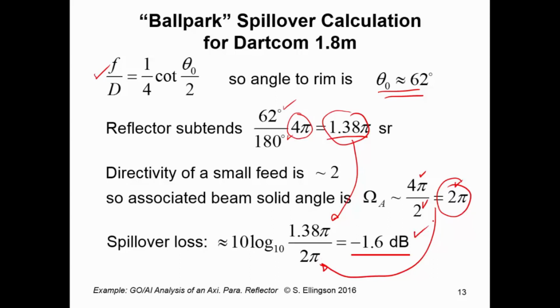In other words, we assume that we're losing 1.6 dB of the power from an isotropic feed by virtue of the fact that the dish does not capture all of the power. There is some spillover. Now 1.6 is somewhat promising because that's a much closer value to 2.4 that we're looking for. We can also consider feed taper.